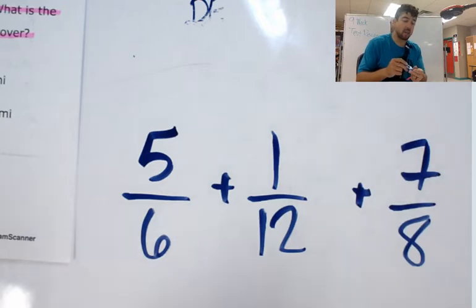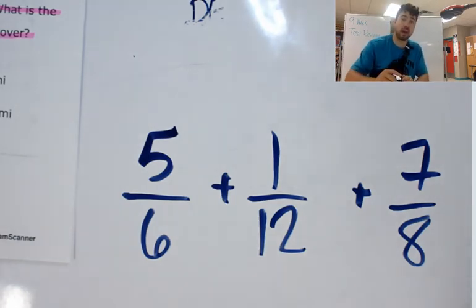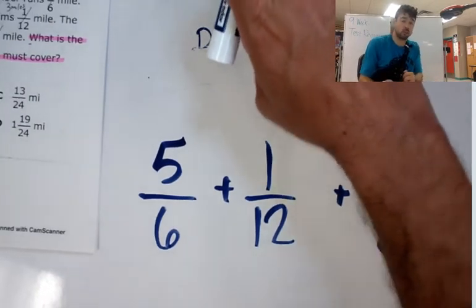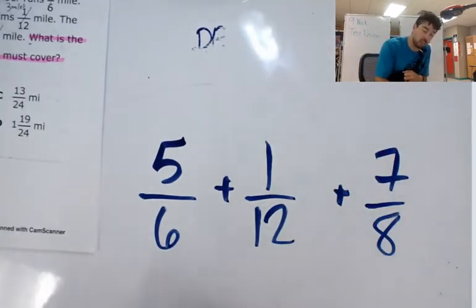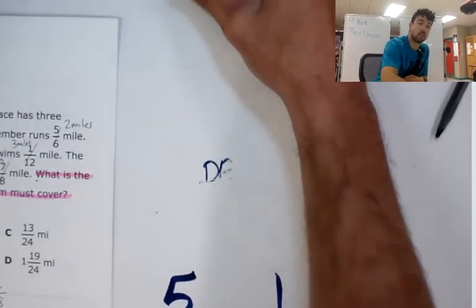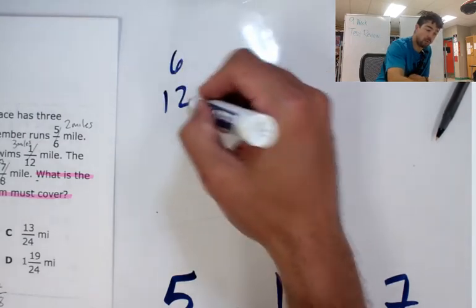Now, we've got to find a common denominator between 6, 12, and 8. 24. You guys are sharp. It's 24. But for those of you that don't remember how to do that, what you're going to have to do is find common denominators. So you'll list the multiples of 6, 12, 8.